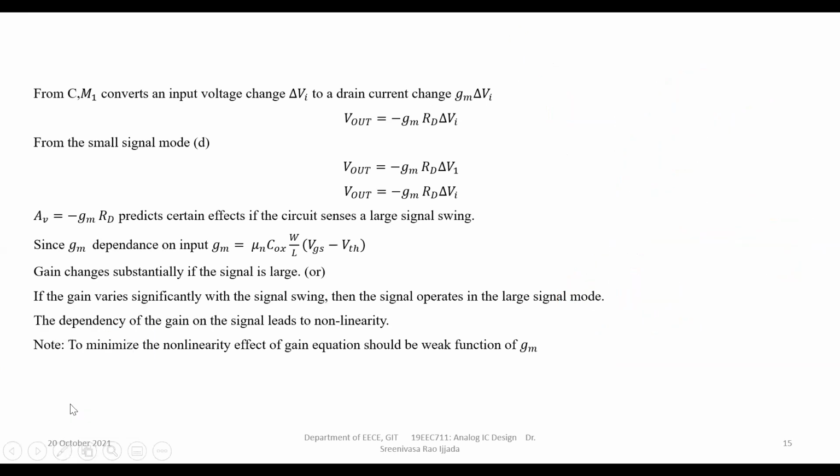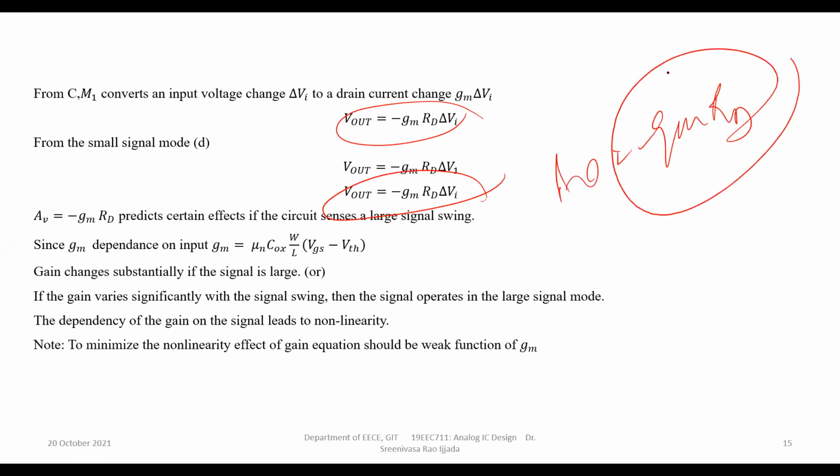So to minimize the non-linear effect of gain, the equation should be a weak function of GM. From this you can understand, because your gain value is minus GM into RD. Your gain should be constant.